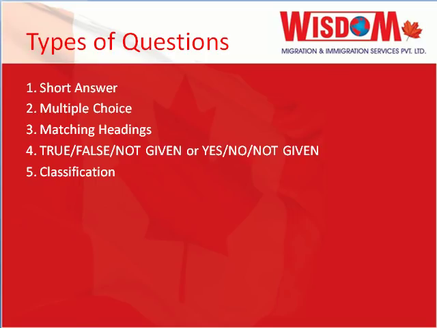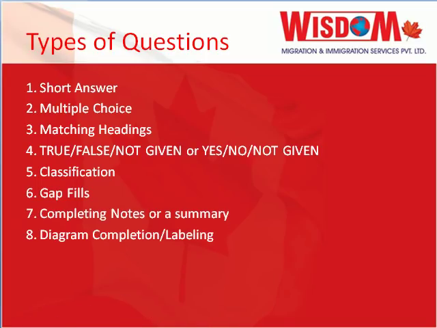You may also need to classify information, fill gaps like blanks. You could complete notes or a summary. There may be diagram completion or labeling, and table completion, apart from flowchart completion. Now we're going to discuss the types of questions one by one.